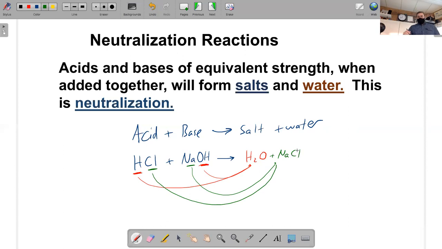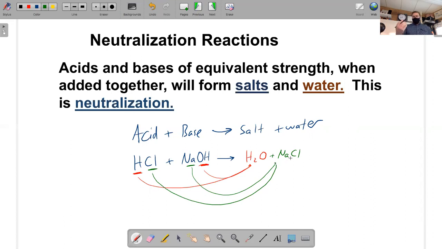It turns out that super strong hydrochloric acid and really concentrated sodium hydroxide, those two chemicals on their own are highly corrosive, highly reactive, somewhat dangerous chemicals. But if you mix them together in equal proportions, you just get salt water, just water with salt in it.